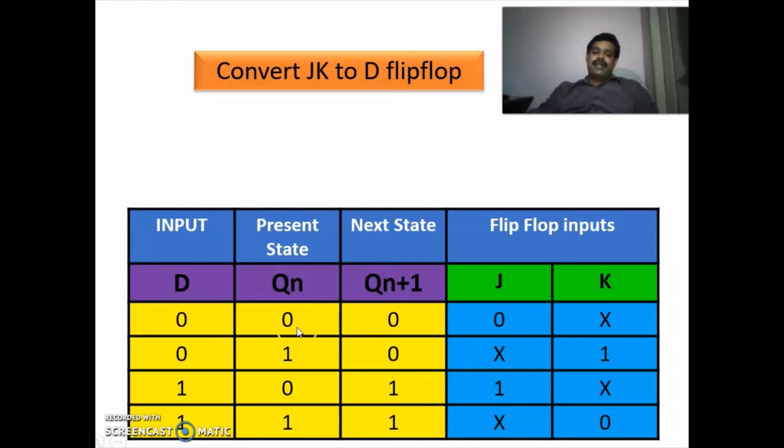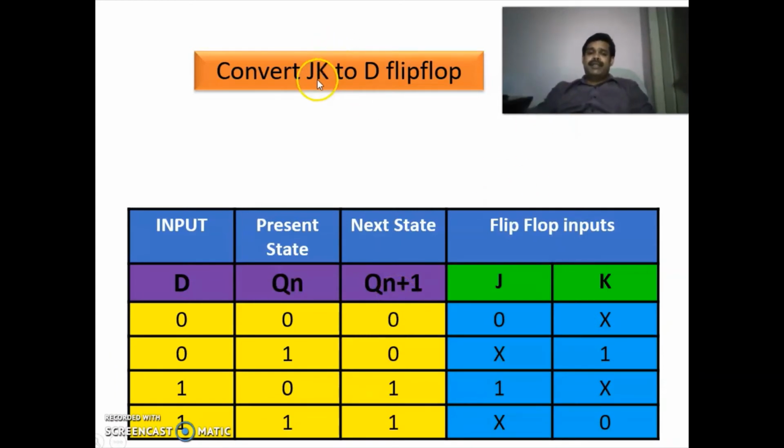So for D equal to 0 we take present state 0 and 1. Similarly for D equal to 1, the present state may be 0 and 1. In a D flip-flop, the next state depends upon the D input and not the present state. So you just copy the D input into the next state. Now we have completed this.